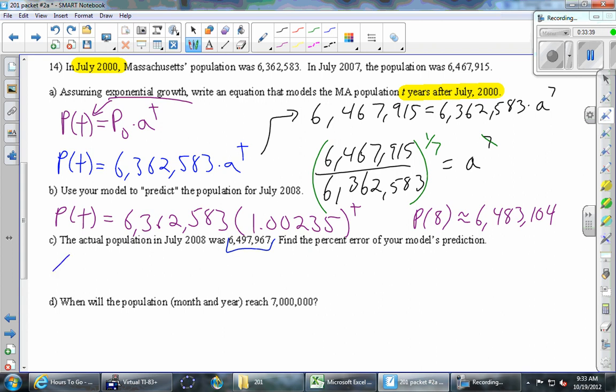To find the percent error, what am I doing? There are actually a few different ways, different formulas from different people on that project. Okay, so we're going to subtract those two things. So we'll do the 6,483,104. That was our prediction. And then we'll subtract the actual answer, which is right up above.